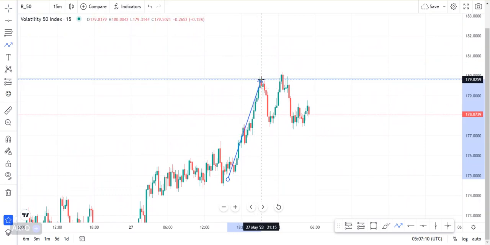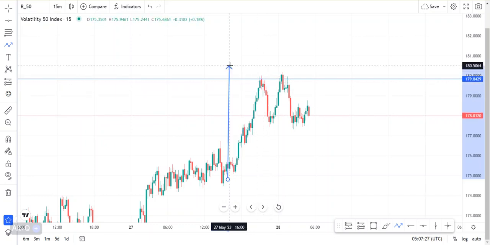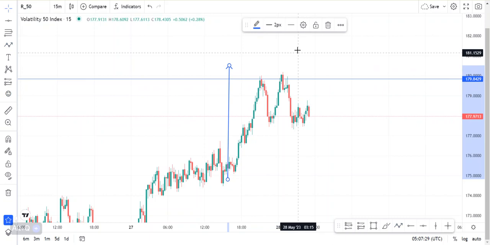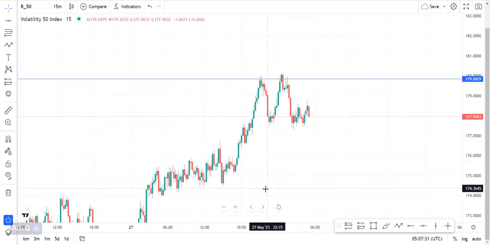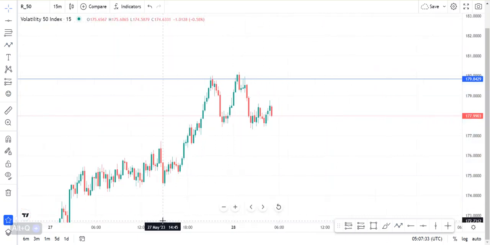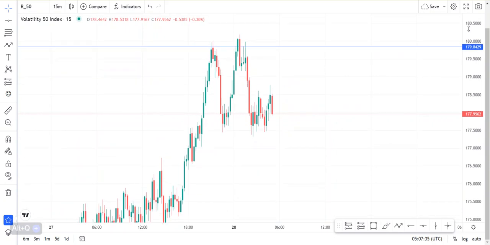As this market is pushing up, and we see this rejection candle here, what are we to do? We have an order block here. Then we can draw our order block there. This is our order block.